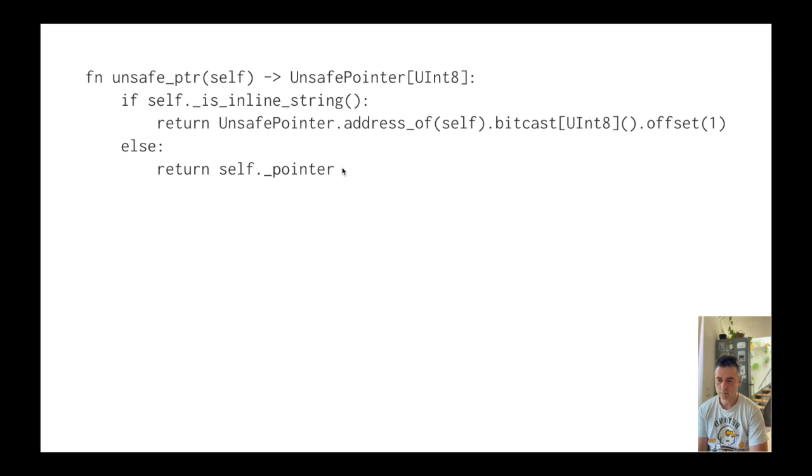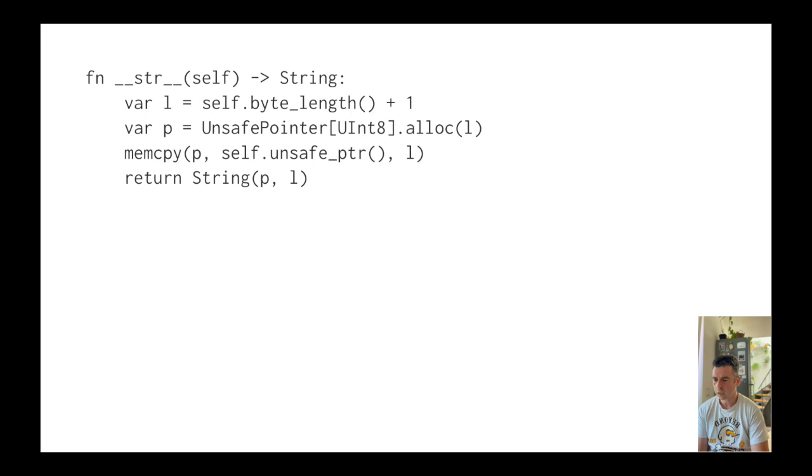Otherwise, just give the self pointer, and we're good. Again, very simple. Okay, and here's another function where we want to get a string out of a CrazyString, also simple: self byte length plus 1 is our length, we create a pointer buffer where we allocate the memory we need, then we do the mem copy, and then we just instantiate the string.